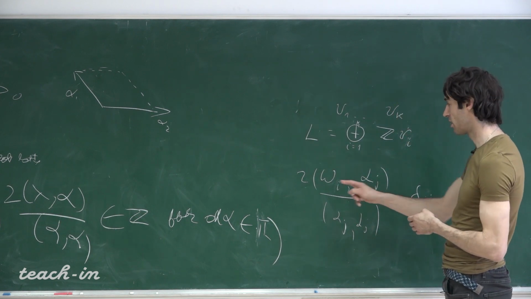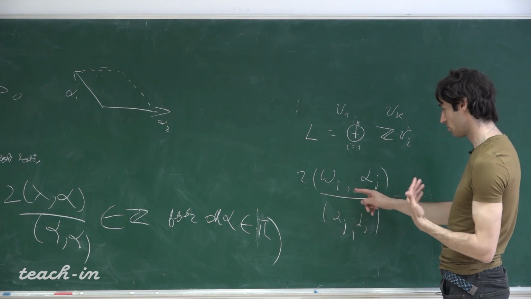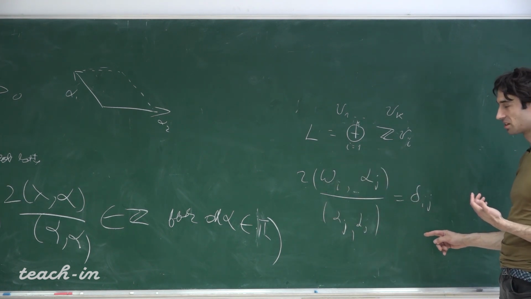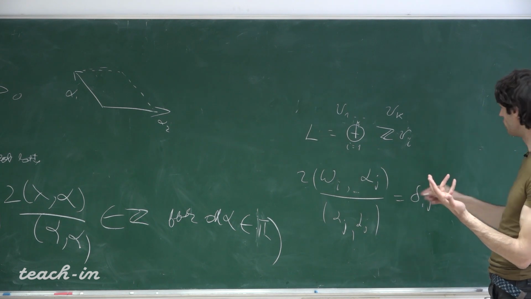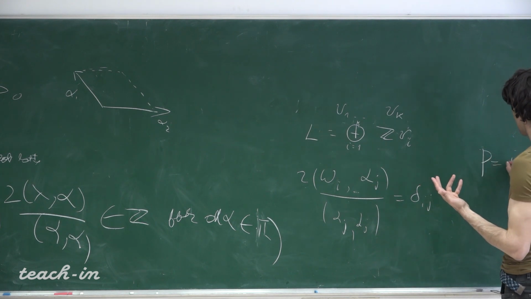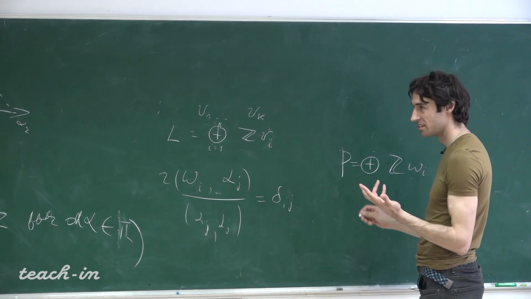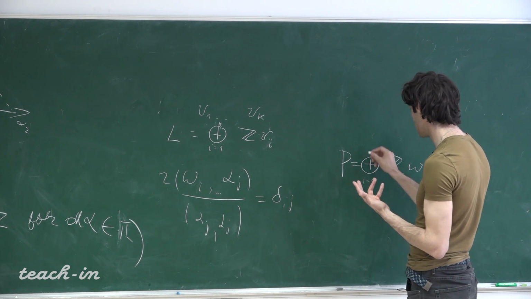I can define vectors omega 1, omega 2, and so on up to omega r by these relations. These are called fundamental weights, and all elements in P are then the sum over Z omega i's, i from 1 to r.